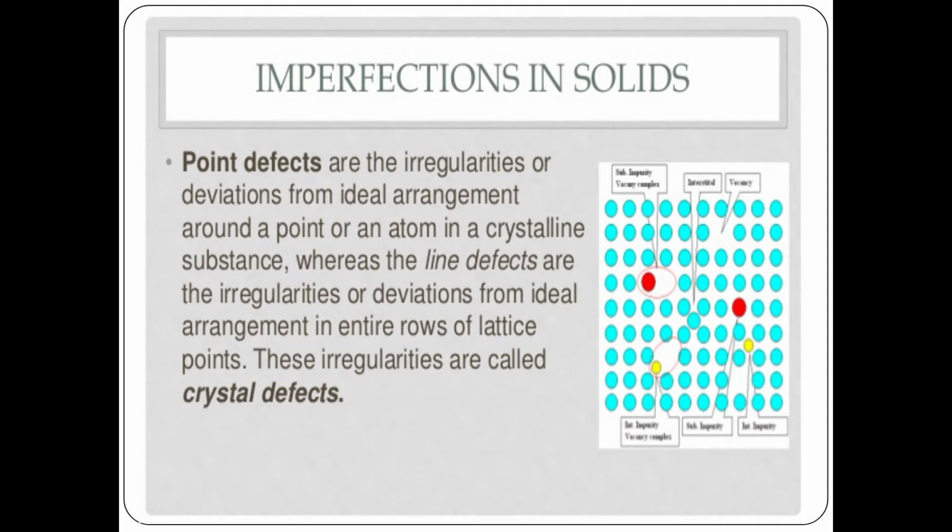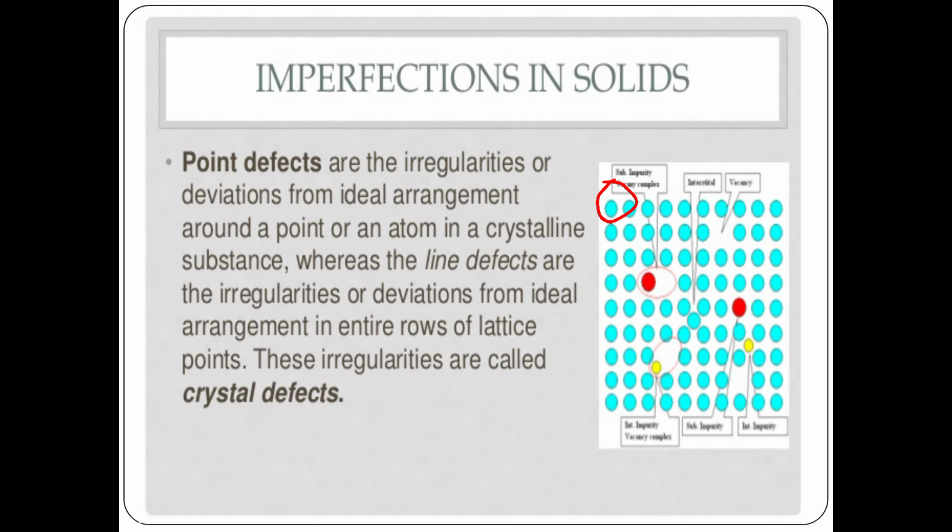crystalline substance. We know in a crystalline substance there are different atoms. If there is any change in the arrangement, it leads to a point defect. Maybe one anion is missing; we know crystals are made up of ions, anions and cations. If any anion is missing or such a thing, it will come under point defects, due to one atom or ion.